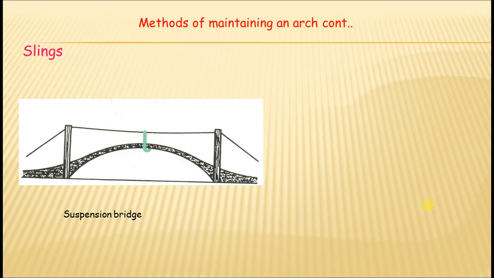Now you know what the sling mechanism is, as in certain bridges. You call it a suspension bridge, because instead of giving pillars underneath, the bridge is suspended from above. That is called suspension. So here also the same suspension mechanism is used.